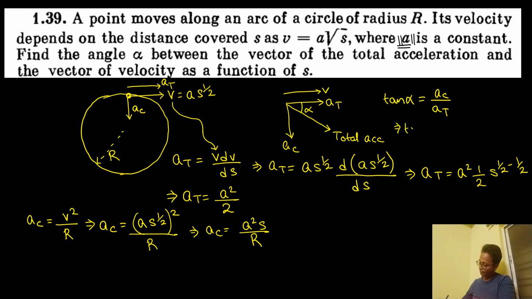So tan alpha is equal to a square s by r divided by a square by 2. A square and a square get cancelled, so tan alpha is equal to 2s by r. So the question was simple enough.